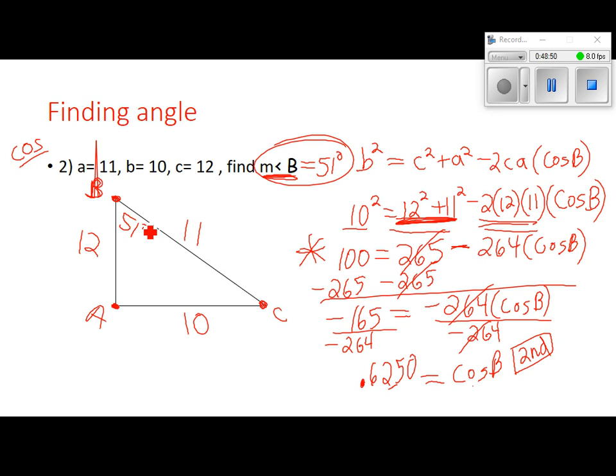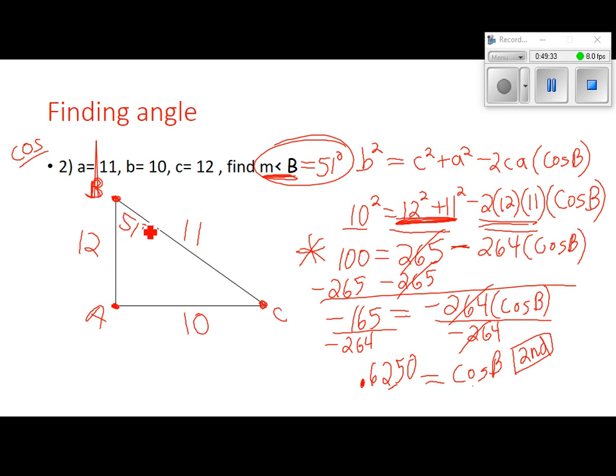What did it tell you? Not the right answer. All right, so hit your mode button, the third one down. Is it on degrees or radians? It was on degrees. That's what we want. So now go back and try it again. Second cosine, 0.6250, hit equals.